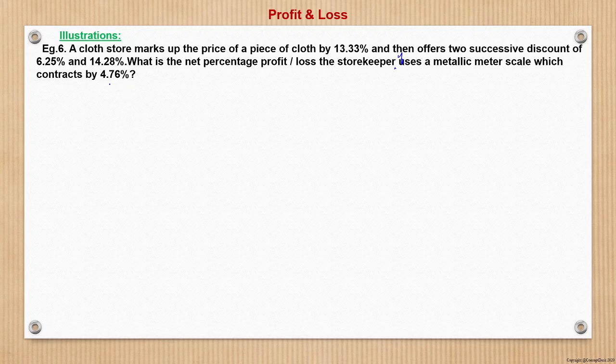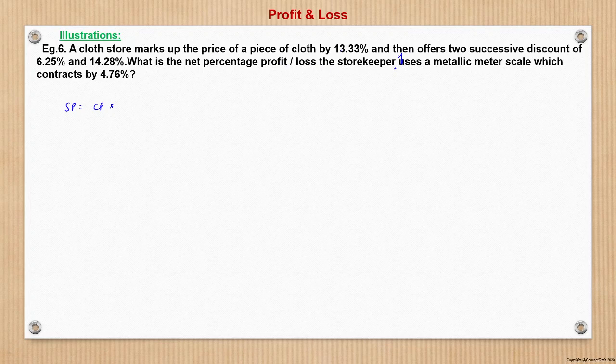So here, the question is, we will have to find the factor, or we can write SP is equal to CP into different factors. What will be the impact of different factors?